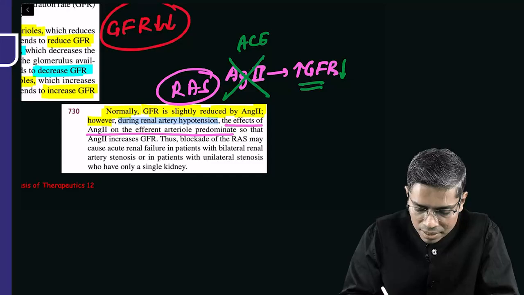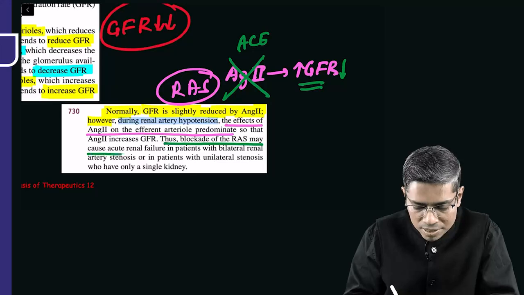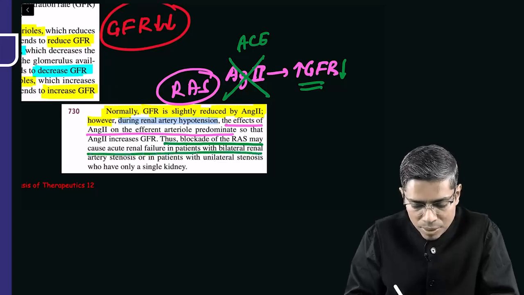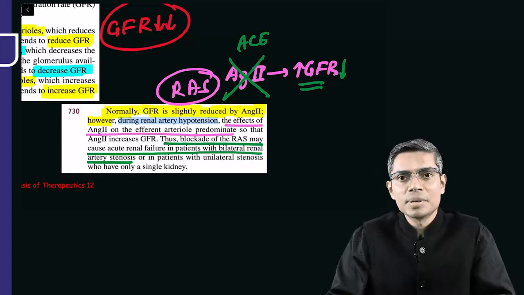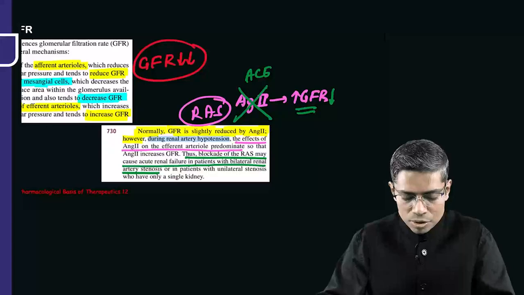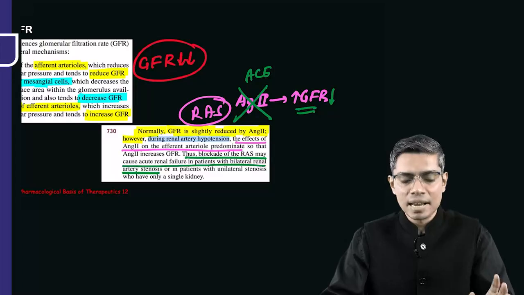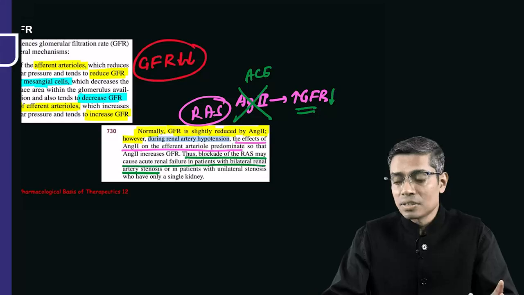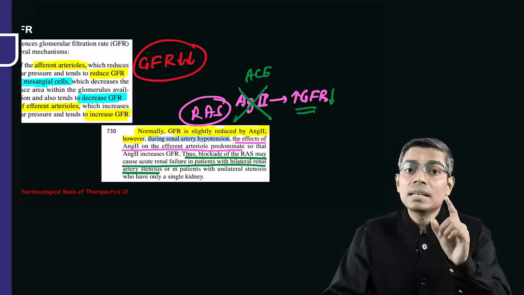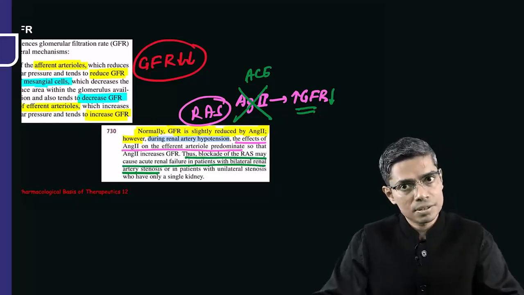It is written here: thus, blockade of the renin-angiotensin system may cause acute renal failure in patients with bilateral renal arterial stenosis particularly. So this is clearly given in Goodman-Gilman. Please don't confuse: angiotensin II is a potent vasoconstrictor and it causes constriction of both afferent and efferent arterioles, but the efferent effect dominates in pathological conditions like renal artery stenosis.